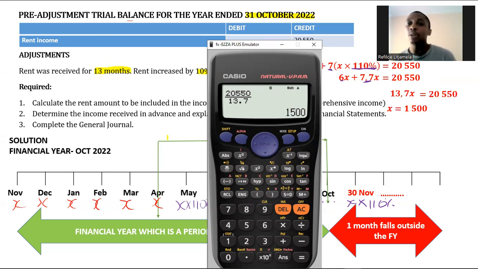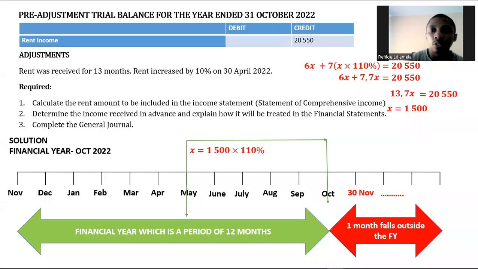And the month that we're looking for, which is the month of November, is after the increase. And we don't want the month of November, because it doesn't fall into the current financial year, but it has been paid for. Now let's check.